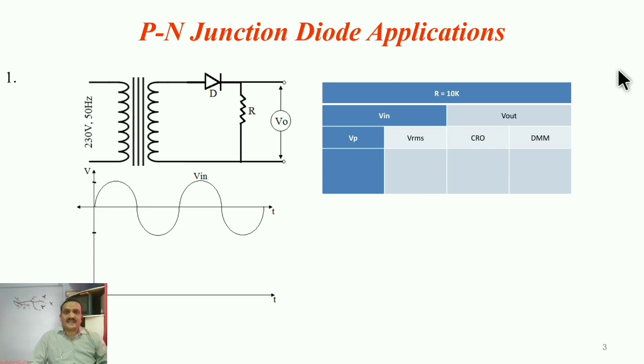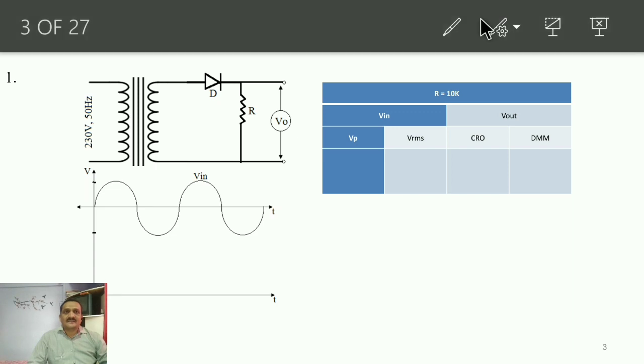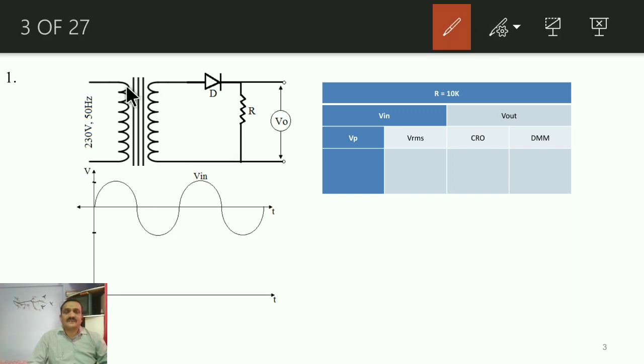So see here, the diode is connected in series with the voltage source, just like a step down transformer, right? Whenever it is the positive half cycle, when this terminal of the secondary of the transformer is positive, the diode will conduct after its forward breakover voltage, and current will flow like this, and that's why there will be a drop across the resistor connected in parallel to this circuit, that is nothing but VO.